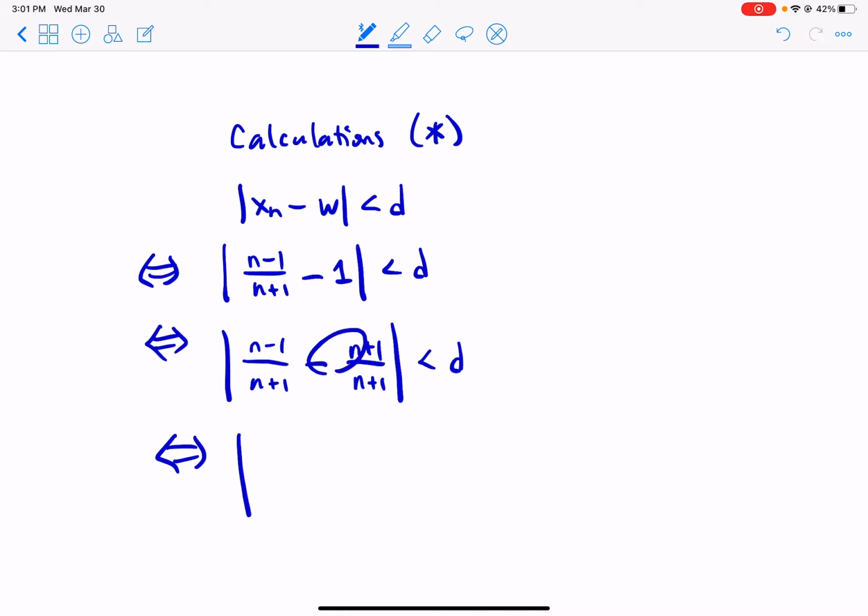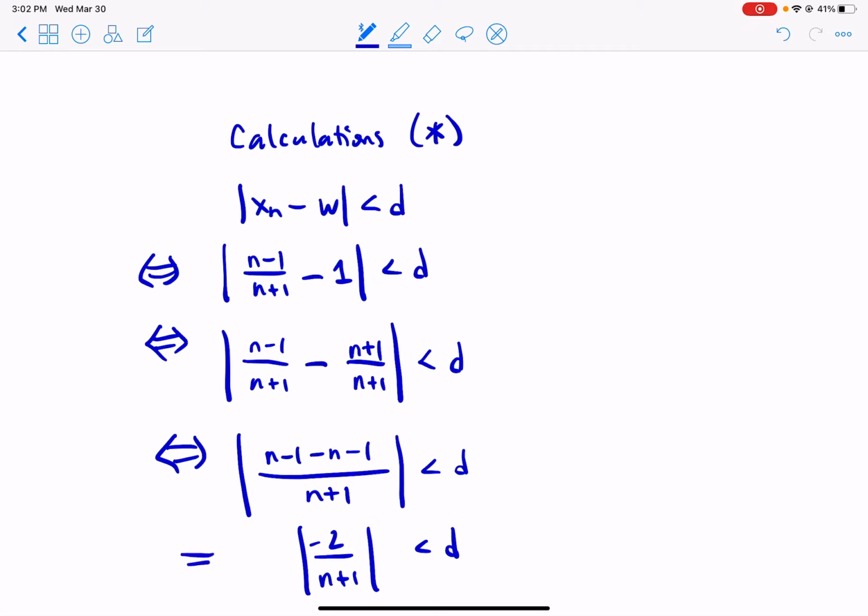I get a minus n and a minus 1. The n and the n cancel, and the negatives stay around, so I get negative 2 over n plus 1. And that's if and only if.